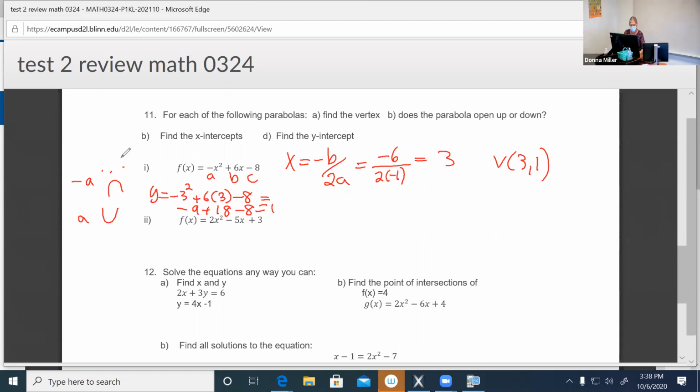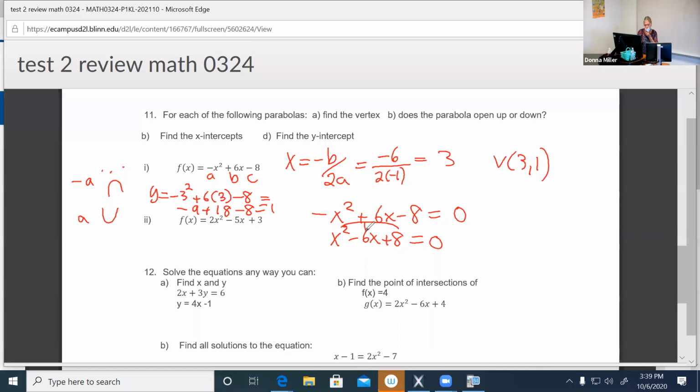And the x-intercepts are where it equals 0, right? So to find the x-intercept, you would set this thing equal to 0, which pretty much means I'm going to factor it, right? So if I factor it, I'm going to divide by negative, because I don't like a negative, so I change the signs. Okay, so we're going to factor this.